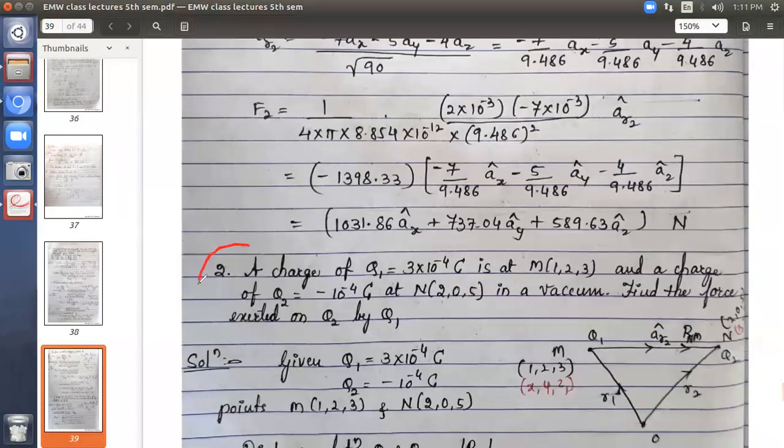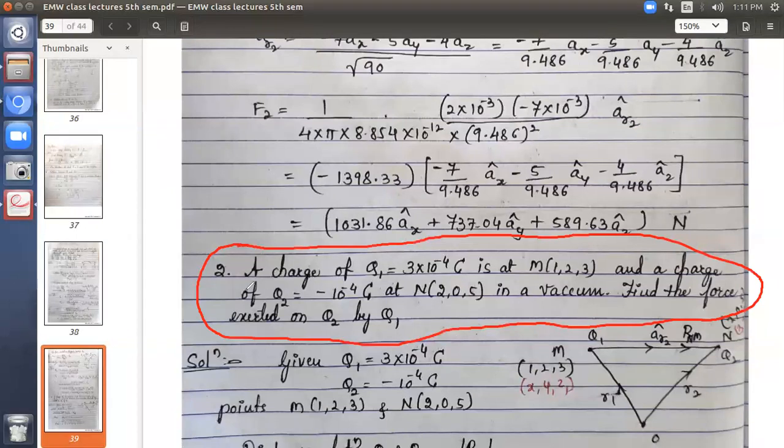Take this second question. You try to do it by yourself. This is a very small question. Only one force you need to calculate. A charge Q1 of 3 into 10 to the power of minus 4 coulomb is at point M(1, 2, 3), and a charge Q2 of minus 10 to the power of minus 4 coulomb, again two opposite charges, is at point N(2, 0, 5) in a vacuum, again free space.